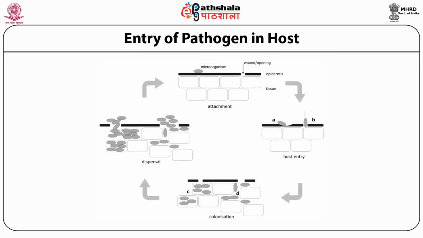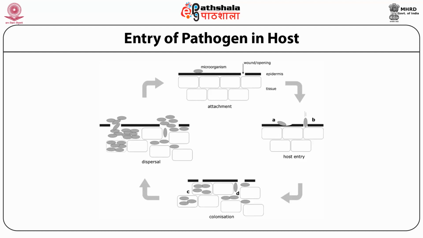General blueprint of microbial infection. It starts with attachment of the pathogenic microorganism, after which the pathogen may enter host tissue through an active penetration process or through wounds or natural openings.